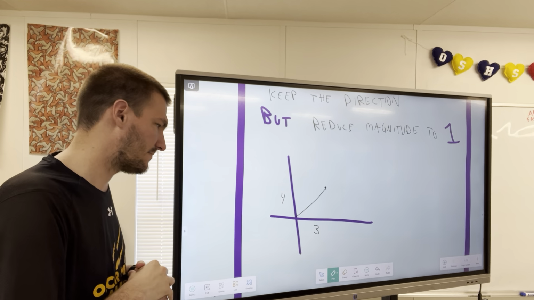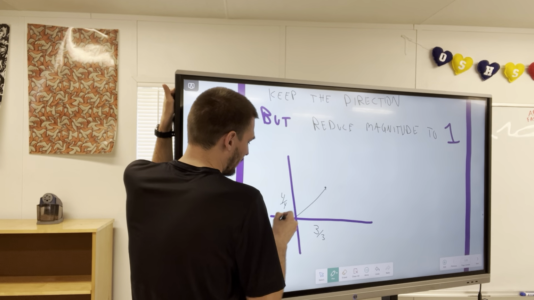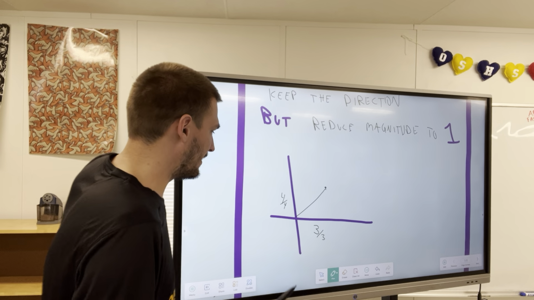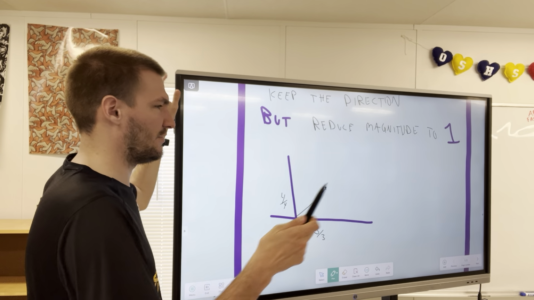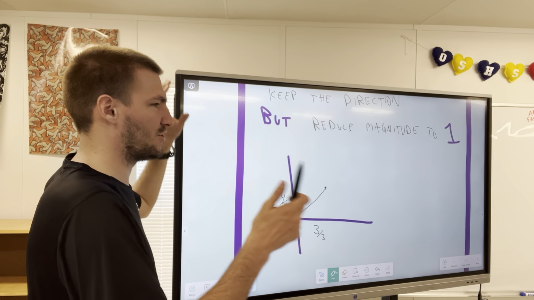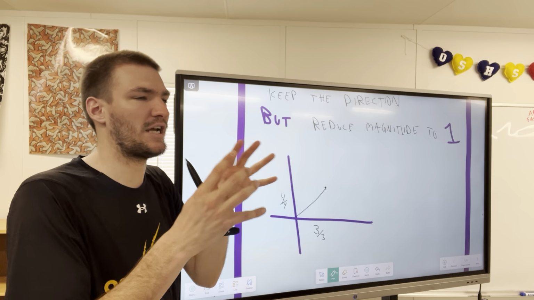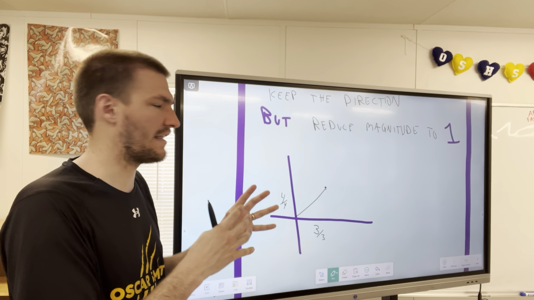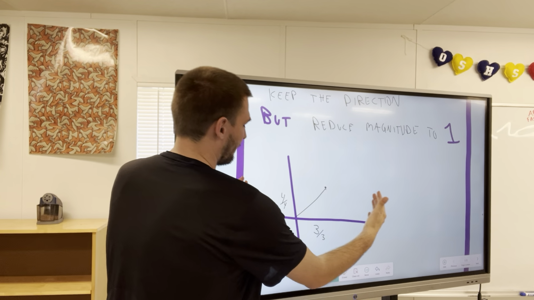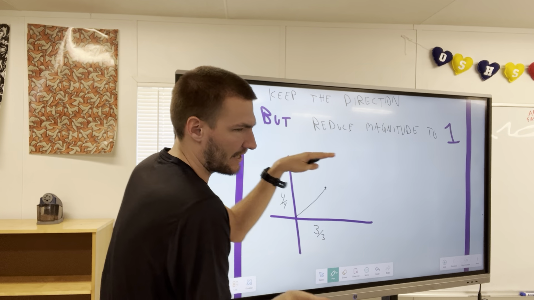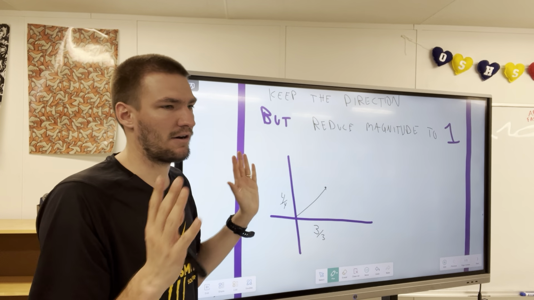Now, one thing we could do is divide them by 3, maybe divide them by 4, but the problem is if we shrink them at different rates, if we divide this one by 3 and we divide this one by 4, that's going to change our direction. That would shrink the x by a factor of 3, but it would shrink the y by a factor of 4. That would end up changing our direction.